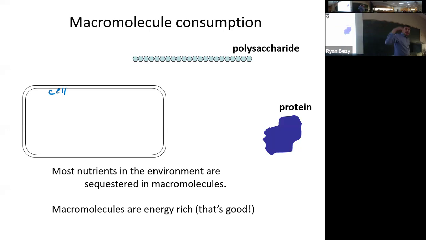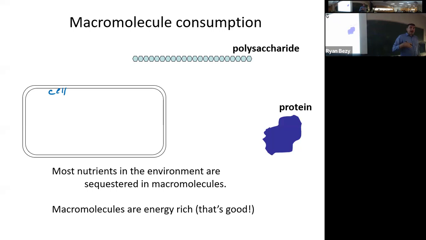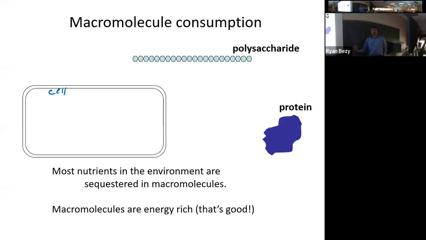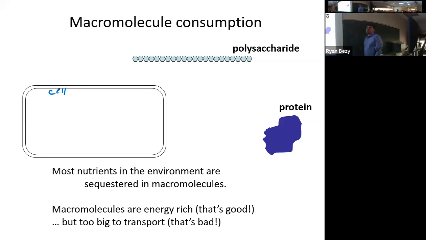Macromolecules are very energy-rich molecules, a very good source of energy, but also structural building blocks for a cell. So these are nice, good nutrient sources. The problem is they're too big. An entire polysaccharide chain is too big to bring into the cell across the membrane easily. An entire intact protein is simply too big to easily be brought into cells.